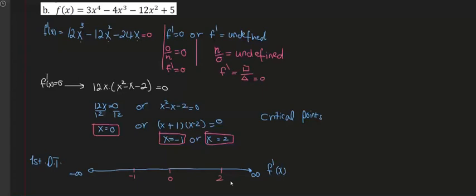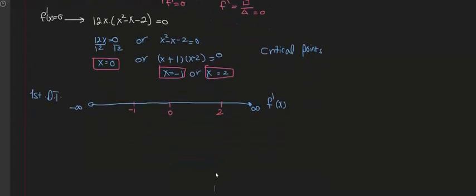Now we have divided the number line into how many intervals? We know that we have n plus 1 intervals. These are 3 points, so we have 4 intervals. From negative infinity to negative 1, as we decided it's always an open interval, and from negative 1 to 0, and from 0 to 2, and finally from 2 to infinity.